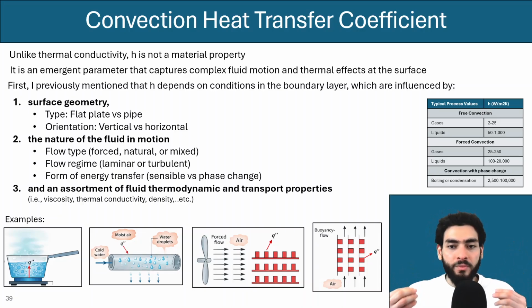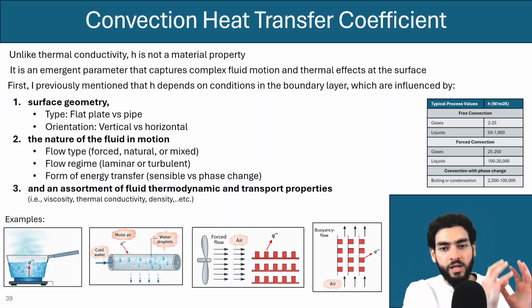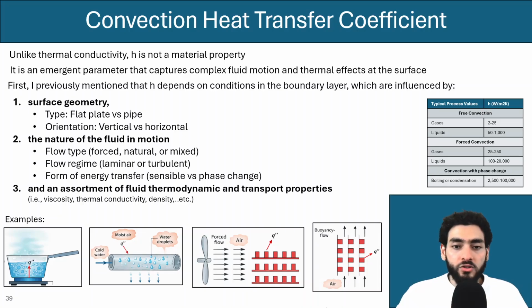And so that now makes us think that whether the flow is turbulent or laminar is important. If you understand fluid mechanics, you're going to realize that that's also related to Reynolds number. And when we look at the chapter on boundary layer theory, you're going to see these parameters come into play. Also, it's important to know what type of energy transfer is occurring.